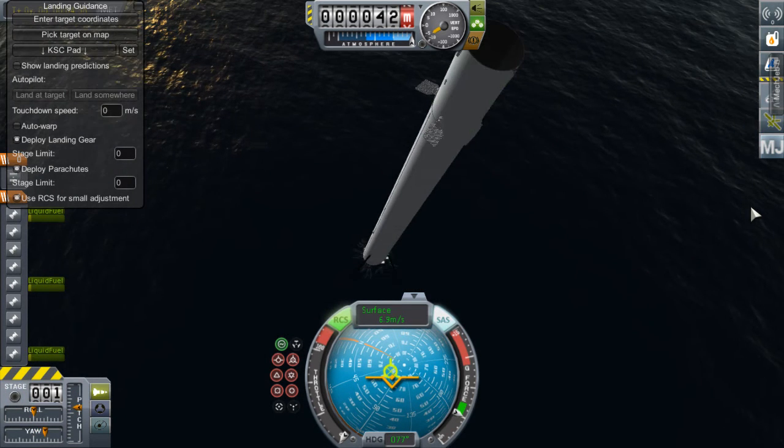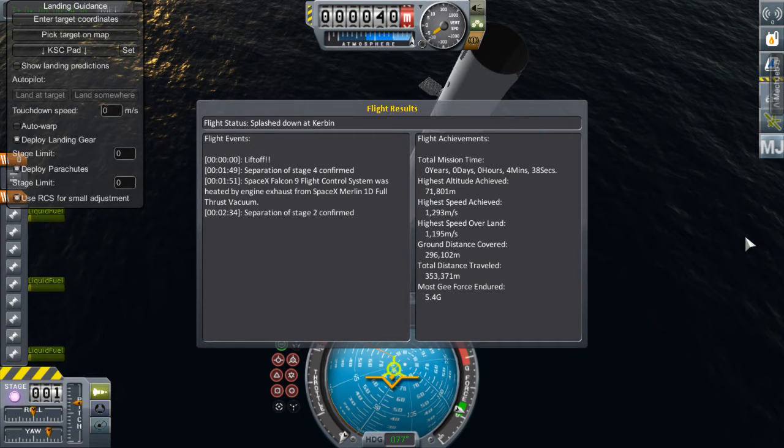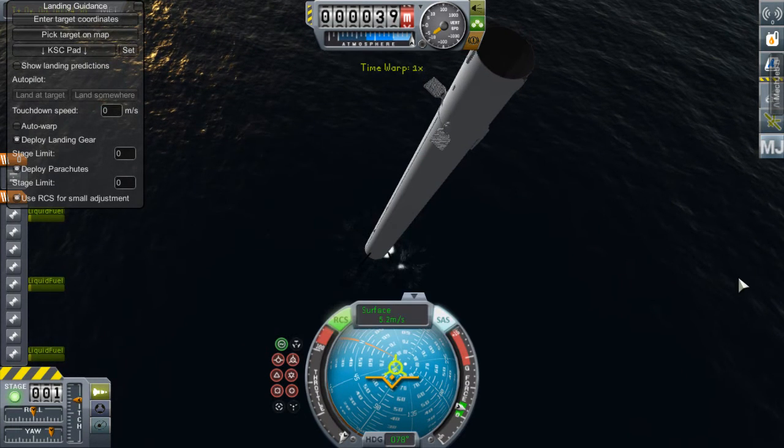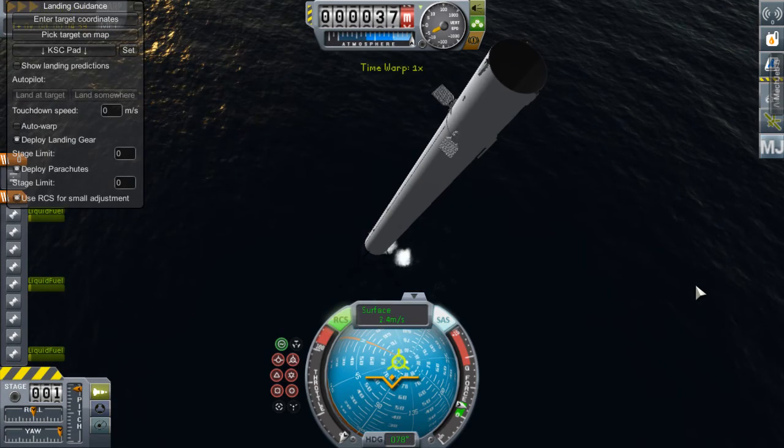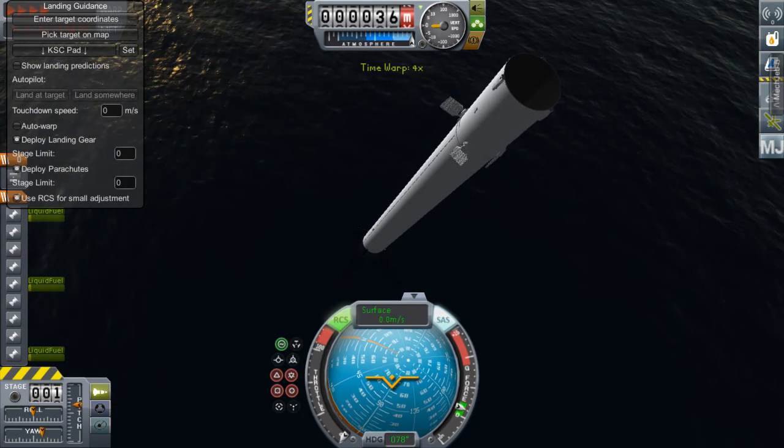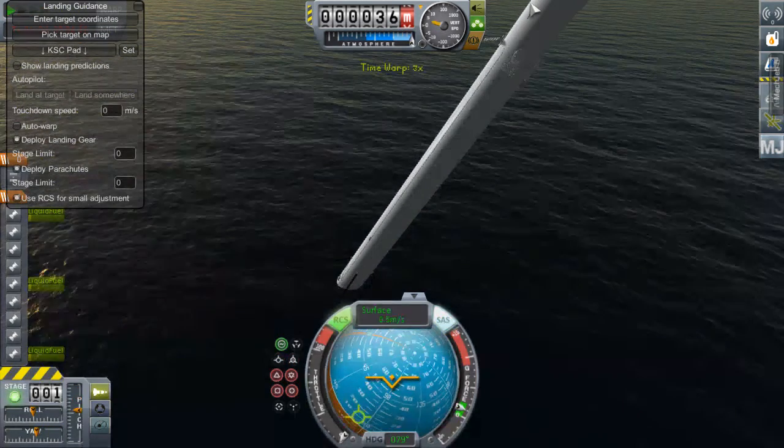Touchdown. No part of the vehicle was lost.